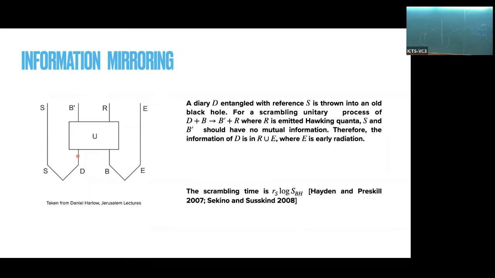Initially you throw the diary inside the black hole, and this dynamics happens mostly inside it. So you should be able to decode without even knowing what B prime is. There should exist some kind of decoding map where you can recover the qubit without knowing anything. I just want to show you that we have a model that does it, without going into all the details, because simply I don't have time. I would just go through and then end.